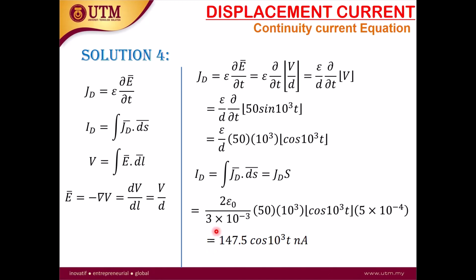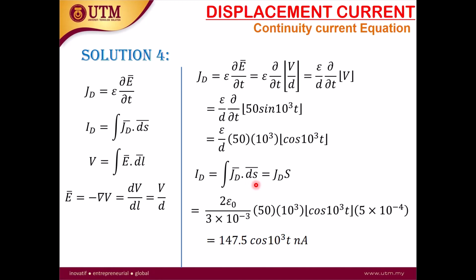This is basically a time varying current. Okay, this is the displacement current, for the case of a capacitor of fixed size. So it's quite easy. For the displacement current, this is basically the dot product of two vectors, and it becomes only a magnitude, because these two vectors have the same direction, the same unit vector.